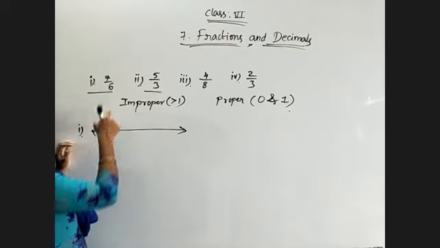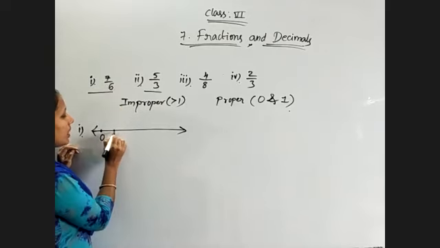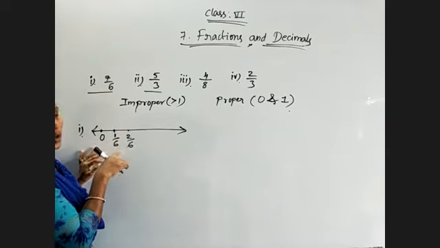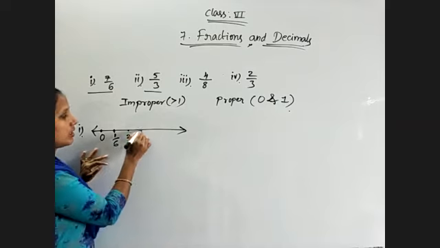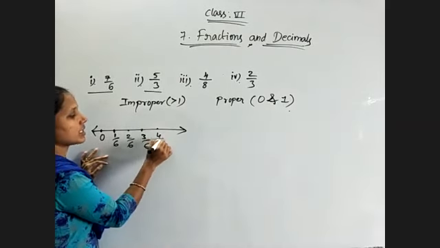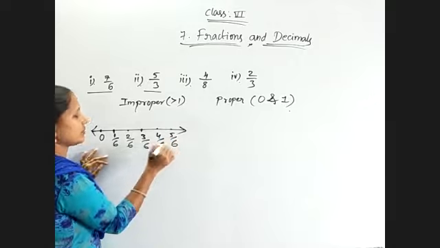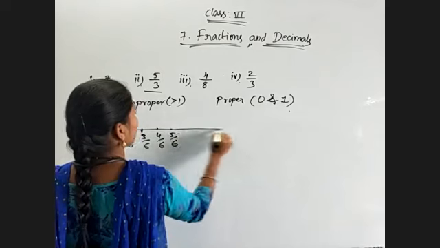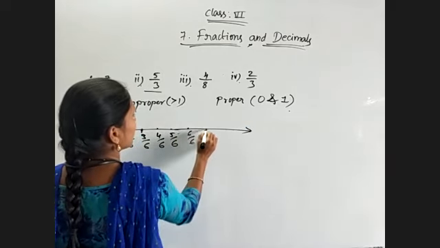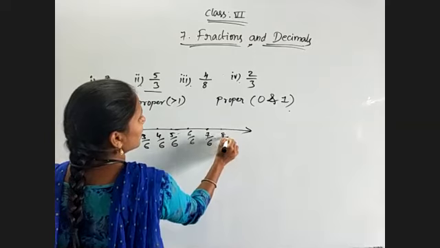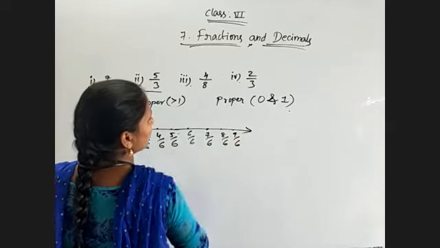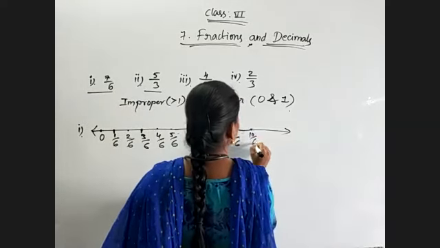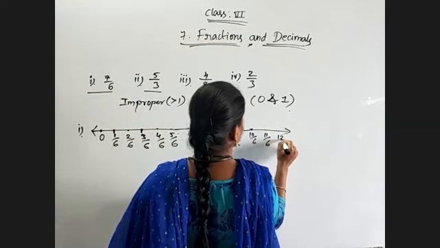Starting from 0, because the denominator is 6, we will mark 1/6, 2/6, 3/6, 4/6, 5/6, 6/6, 7/6, 8/6, 9/6, 10/6, 11/6, 12/6.